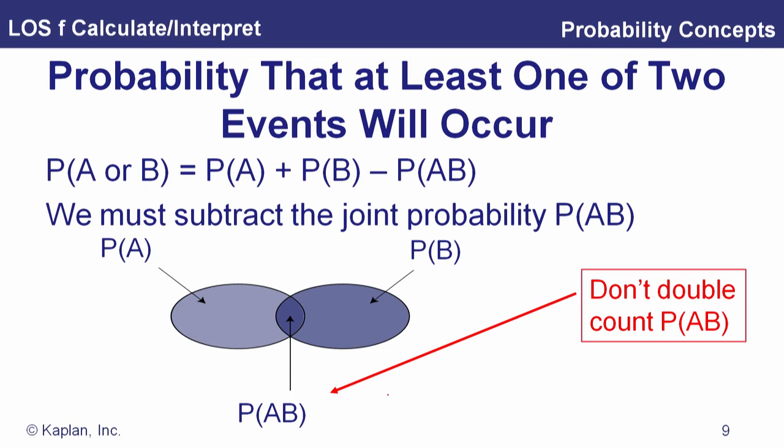Now, for our probability of A or B, we're just illustrating here why we have to subtract off that joint probability. Because if we had two probabilities, let's say, the probability the temperature will be above 60 degrees tomorrow is 60%, and the probability that it'll rain tomorrow is 70%. And we want the probability that the temperature will be above 60 or it will rain.